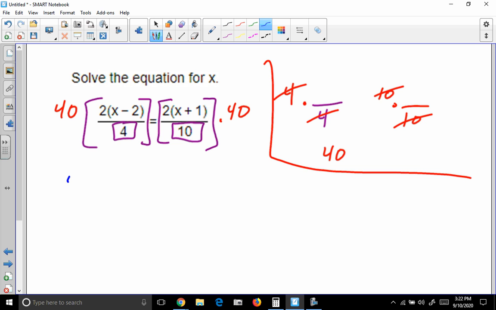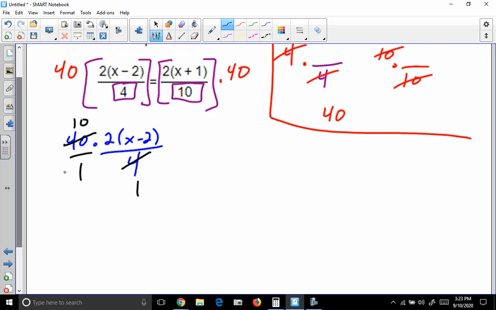So if we do 40 times the left side, notice we have a 4 on bottom, a 40 on top. So 4 goes into 4 once, 4 goes into 40 10 times. That leaves us with 10 times 2, or 20, times x minus 2.